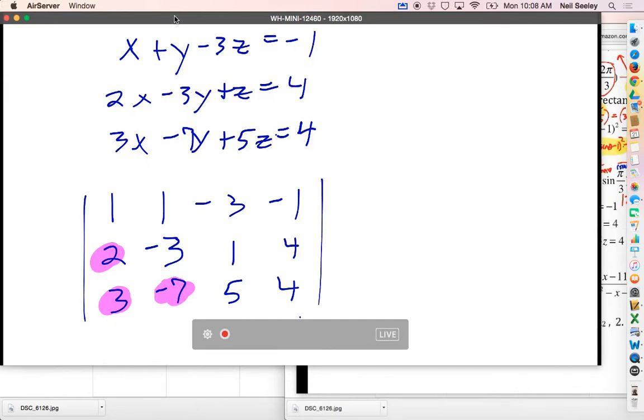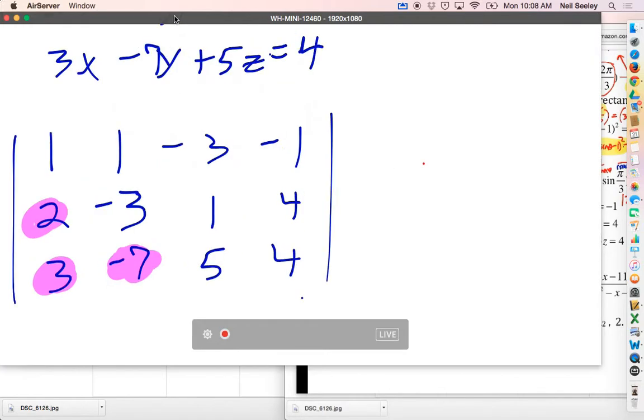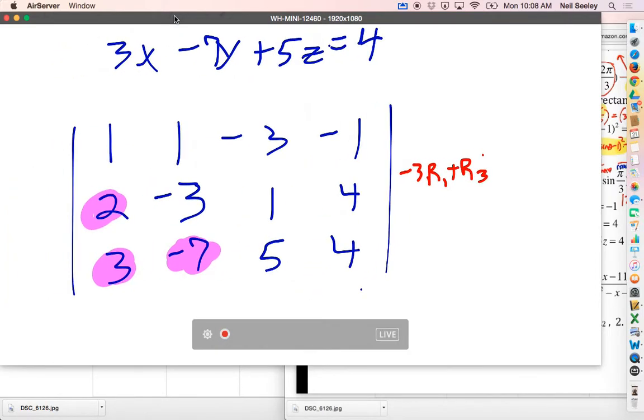So there's my matrix. To make that 0 happen in the 3 spot, I'm going to multiply the top row by -3. And I document this stuff along the way. I write in -3 times row 1, I'm going to add it to row 3. So how that works is this becomes -3, this becomes +9, and this one becomes +3.